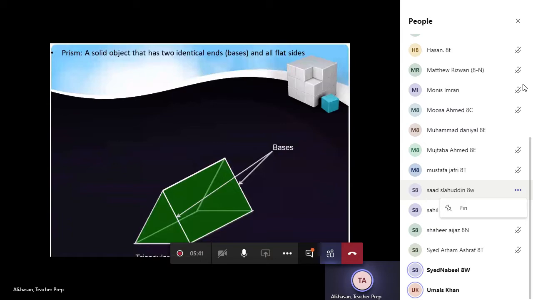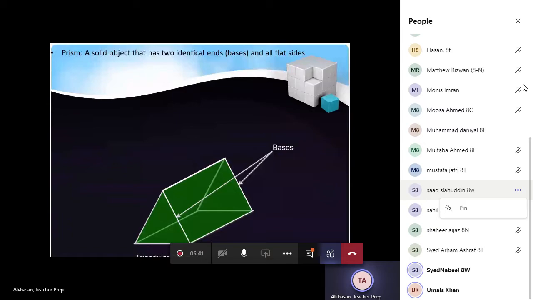You will say, sir, the height of the prism is the distance between the bases. No prism can have one base. It will always have two bases, because in a prism there are two identical ends, and both of them are called the bases, and the distance between both of them is called the height. Got my point?